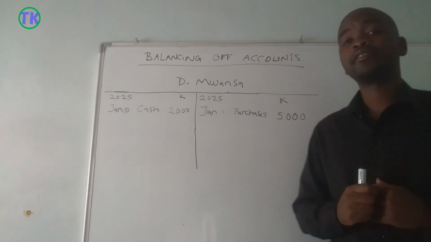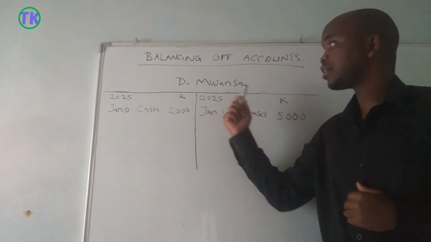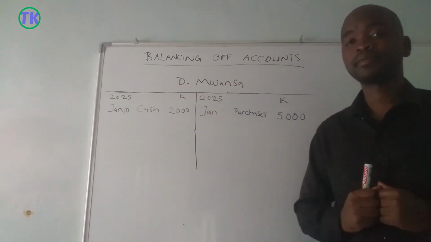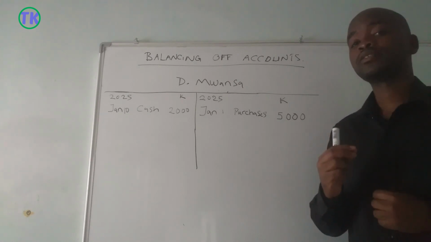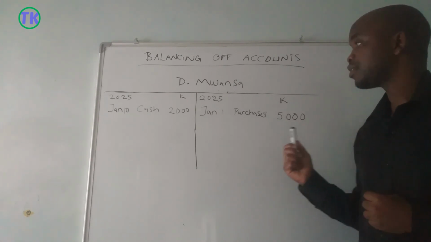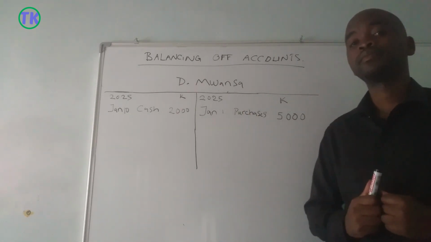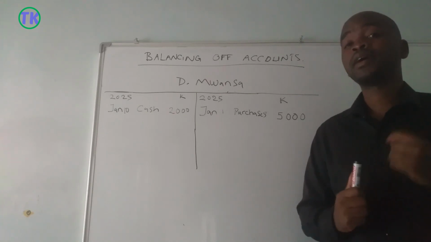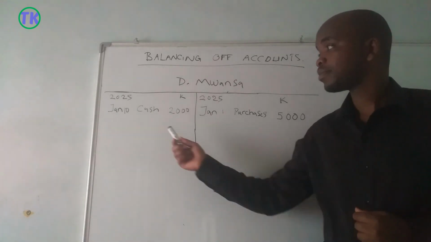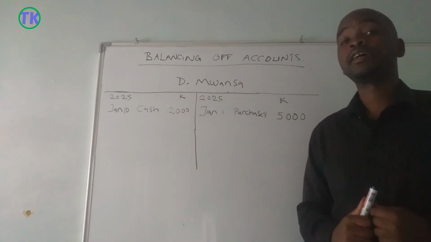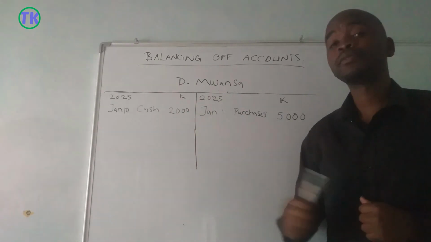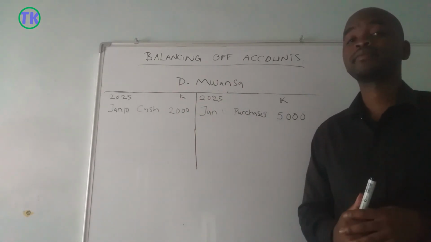Here we have our creditor, who is D. Mwansa. On the 1st of January, our business purchased goods worth 5,000 from D. Mwansa. And we partly paid for those goods on the 10th of January using our cash, and the amount that was paid was 2,000.